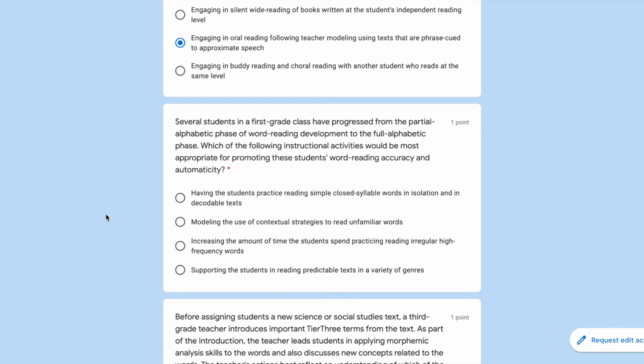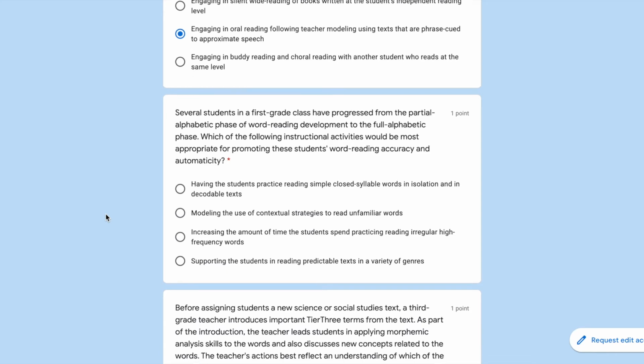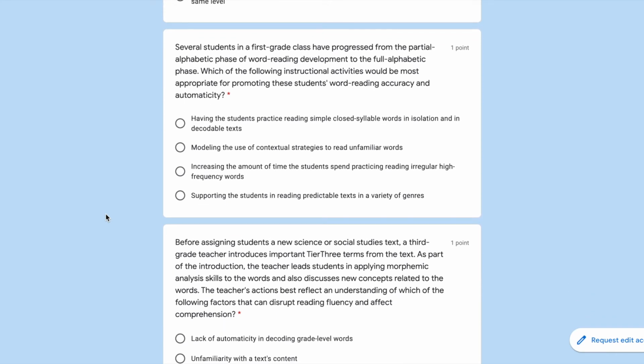Several students in a first grade class have progressed from the partial alphabetic phase of word reading development to the full alphabetic phase. Which of the following instructional activities would be most appropriate for promoting the students' word reading accuracy and automaticity? Is it A, having the students practice reading simple, closed syllable words in isolation and in decodable text?